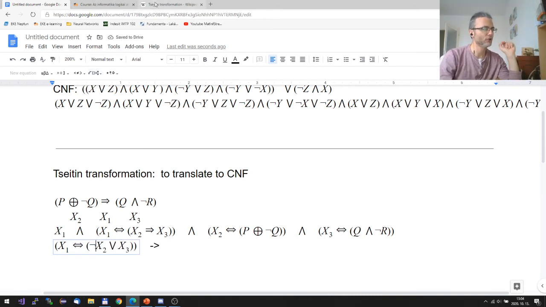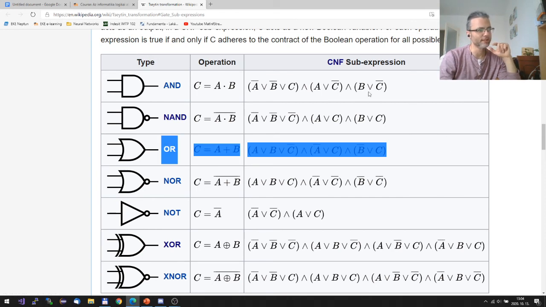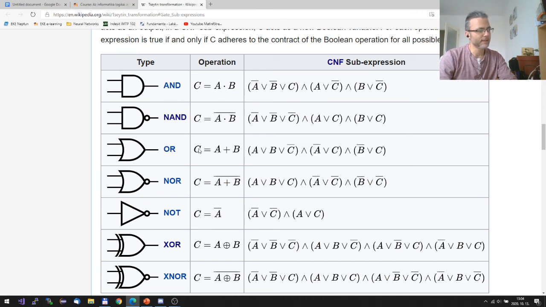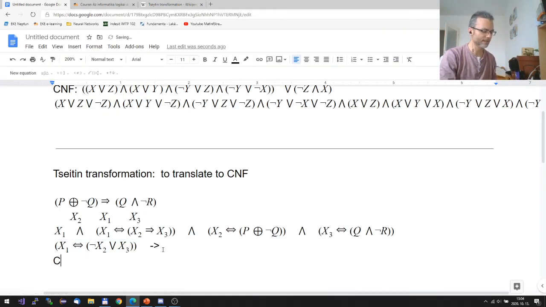And now I could use this row here. This row. How to translate a logical OR to CNF. So now, basically, I have an equivalence where C is on the left-hand side and this disjunction is on the right-hand side. Okay, let me use the same notation. So here C stands for x1. So in the table, C stands for x1 in my exercise.